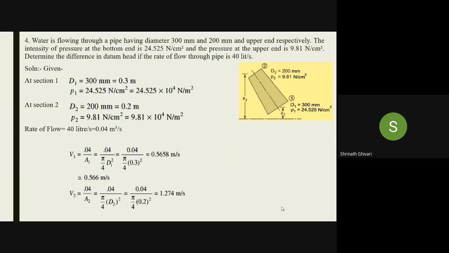What's the answer fast? Substitute the values in P1 by rho g plus V1 square by 2g plus Z1.